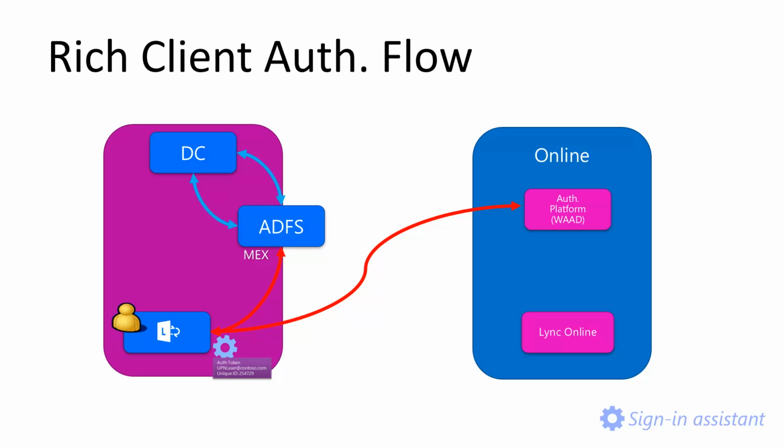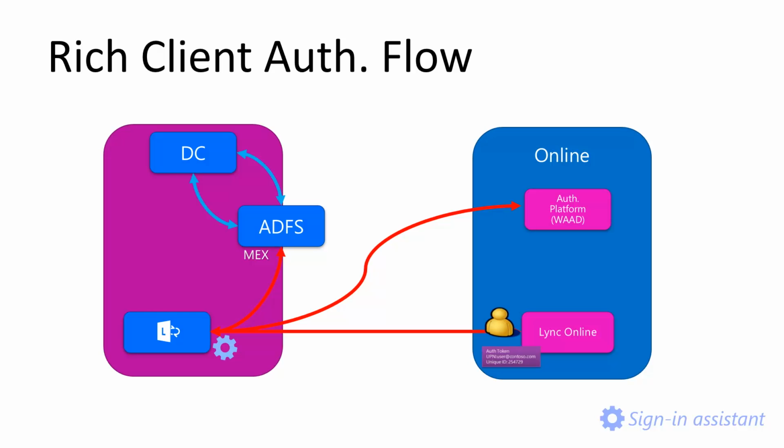So once the user then opens up his Link, it will ask for credentials, but he will be able to present that authentication token that was previously fetched by the sign-in assistant and get immediately access to Link Online. Again, here the difference is the time frame when the token was requested, and as you can see, the client or the ADFS infrastructure at no time got in touch with Office 365 directly.